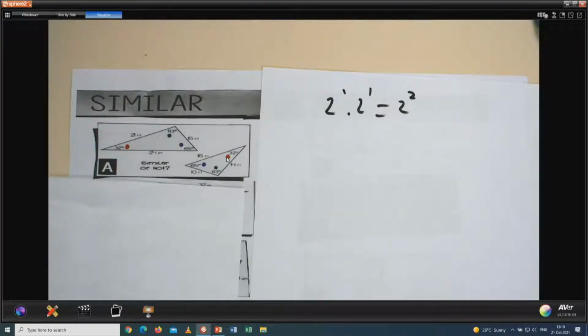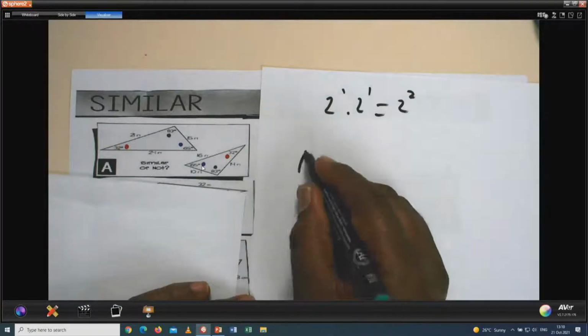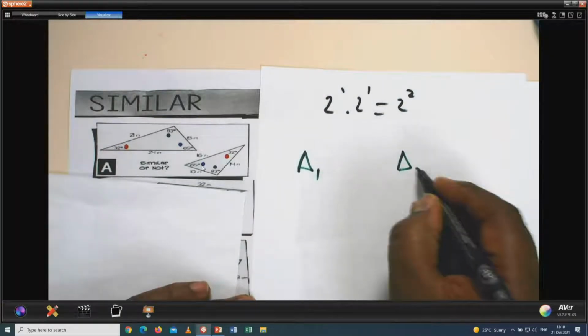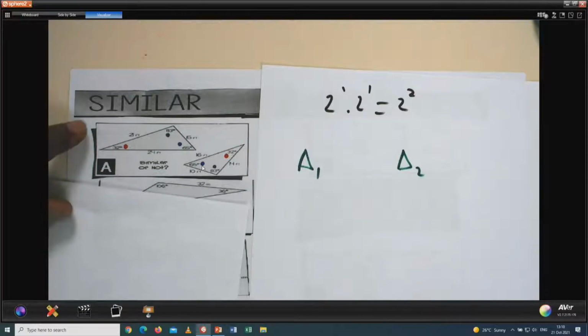The red angle is opposite 10 meters. That's important. Triangle 1 and triangle 2.